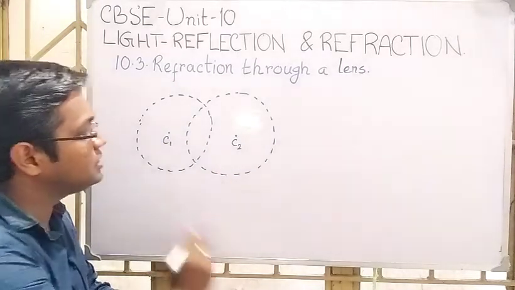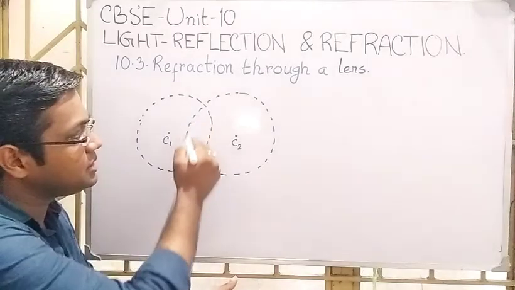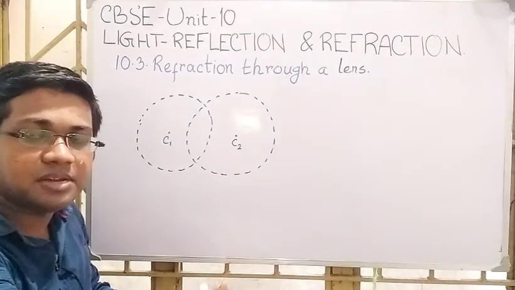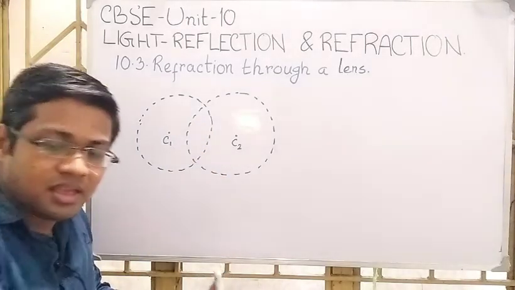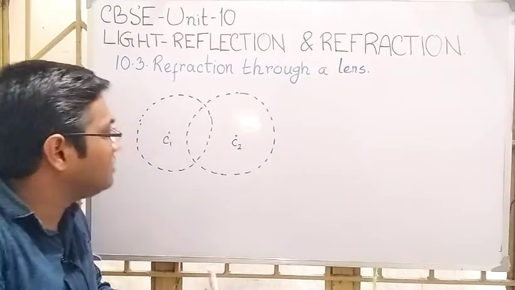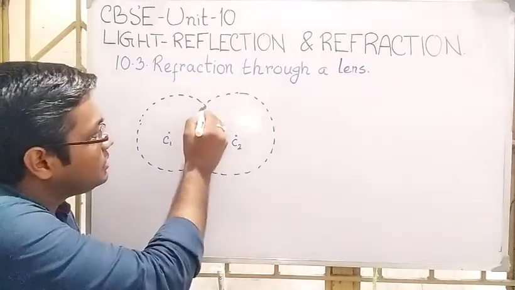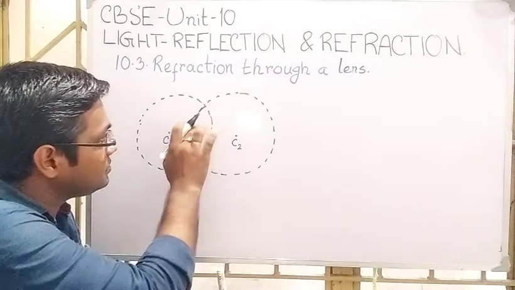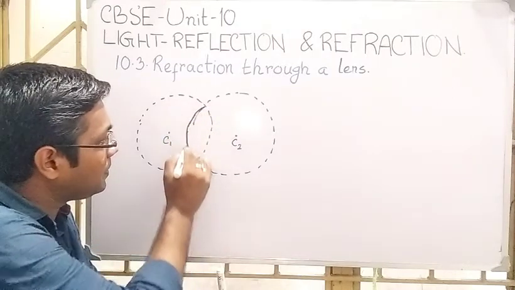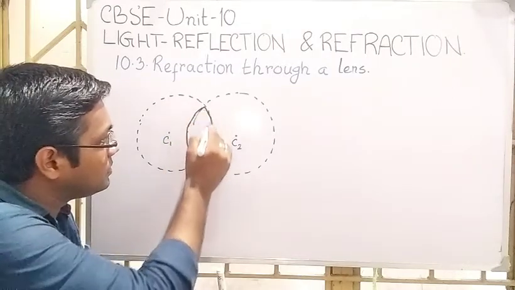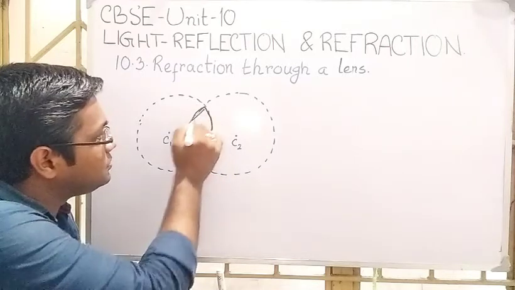These two spheres intersect each other and constrict a particular volume. If I denote this volume in black, just see this volume, this portion.